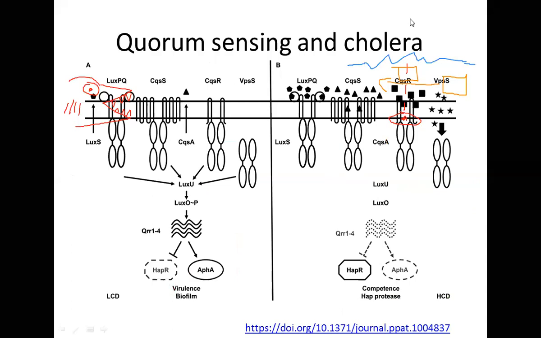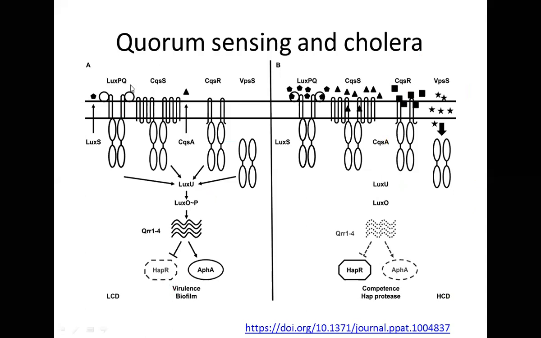I'm not going to talk about this very much, but here's just an illustration of quorum sensing in cholera. You have a low cell density state, which is what is illustrated here on the left in A, where you have the formation of biofilms.